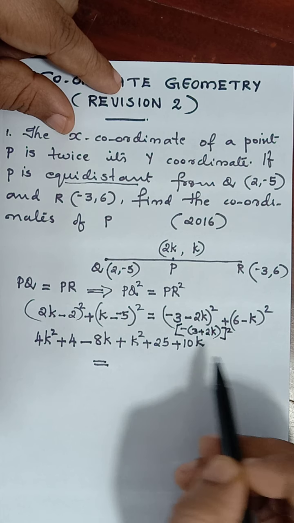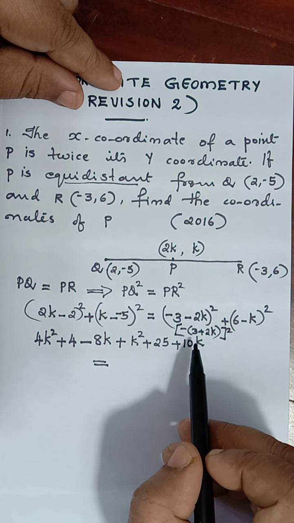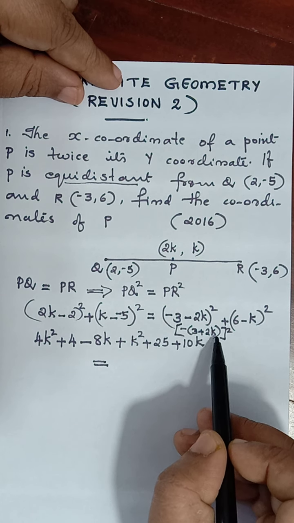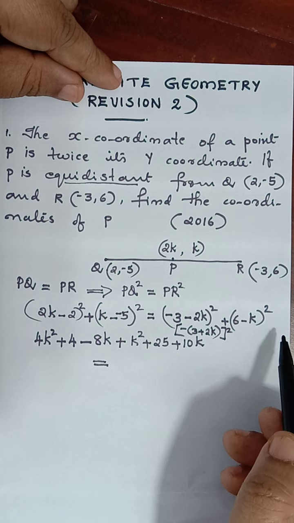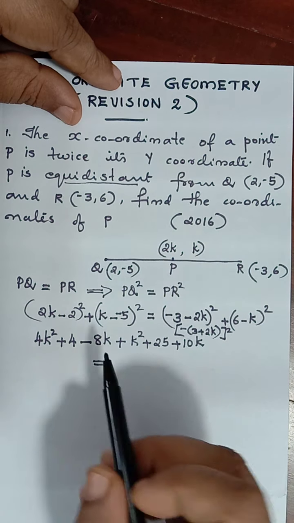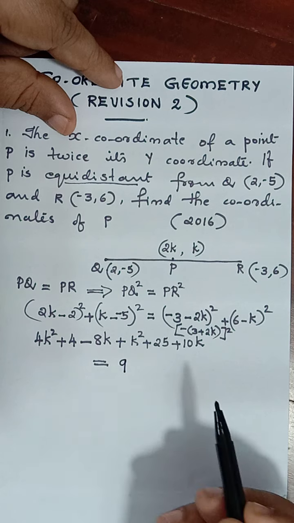So it is understood, no need of repeating. So just see like this, -3 is taken out. So it is 3 plus 2k. Its whole square, negative square when it comes becomes positive. So we can take it as 3 plus 2k whole square itself. Okay. So a plus b whole square. A square 9.